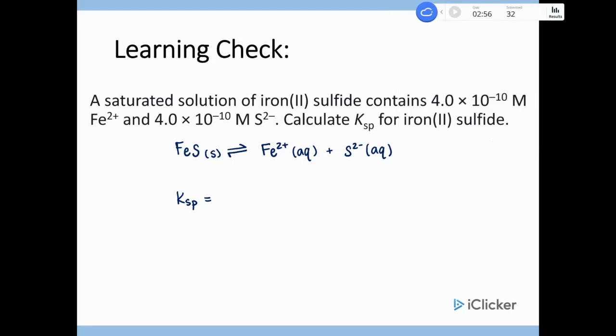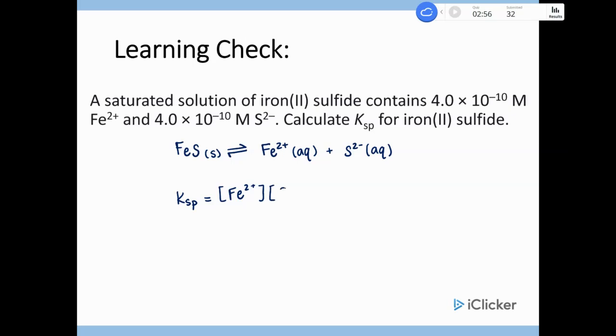Okay, so we have a saturated solution of iron 2 sulfide and concentrations of the ions. I wrote out the equilibrium equation here. So the iron 2 sulfide formula is FeS, which forms Fe2+ and S2-. So the KSP is the concentration of each of those ions.